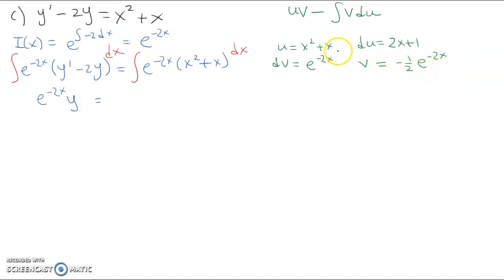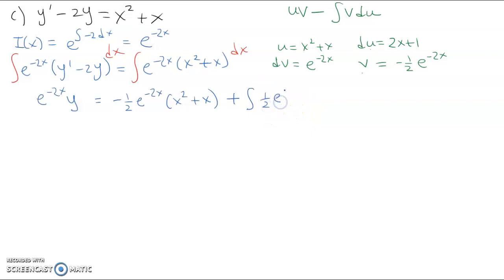Okay, so let's utilize this formula that we have. On our right-hand side, it's going to give us u times v, so that's negative 1/2 e to the power of negative 2x times x squared plus x, minus the integral of v times du. So it's v times du, and I see that v has a negative, so I'm just going to pull out that negative and make it positive.